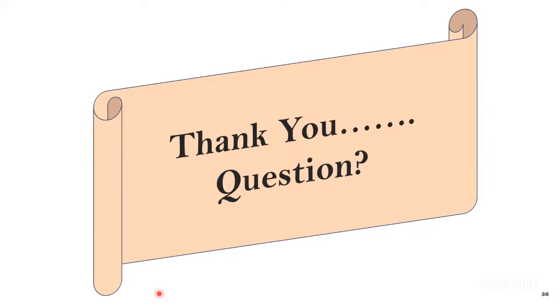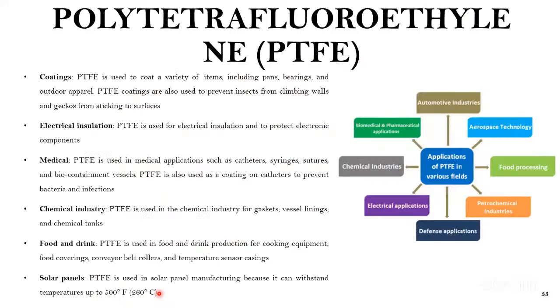Ma'am, can you go back a slide, please? Yeah, this one. Here, the last line, it can withstand... after that, I am unable to see, something is hidden. Yeah, I can see it. I will read it for you. Okay. It can withstand temperature up to 260 degrees Celsius.